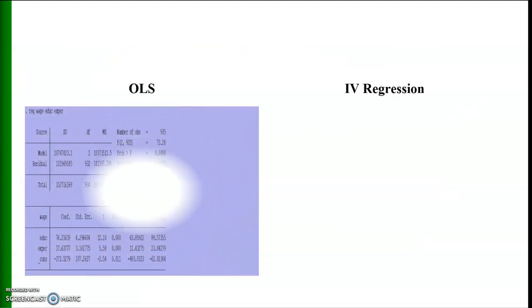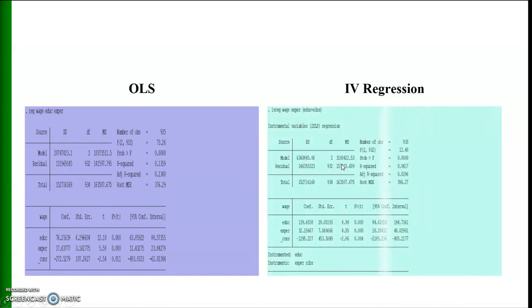I have already run the OLS estimation of the regression in which wage was regressed on education and experience. These are the coefficients, but as we know, education is endogenous because its covariance with the error term is not equal to 0. So this coefficient of education, which is 76.21, is biased, and we cannot trust it.